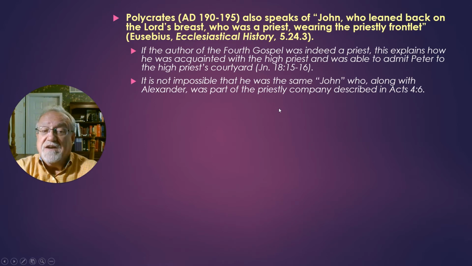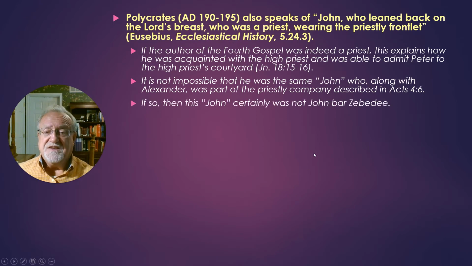It is not impossible that he was the same John that is referred to in the book of Acts in chapter 4. There is a John in Acts chapter 4 who is part of the priestly company. That's a little more ambiguous because the name John was, in fact, quite a familiar name in the 1st century. So there are many people who bore that name. But in any case, if he was a priest, he probably was not John Bar Zebedee.